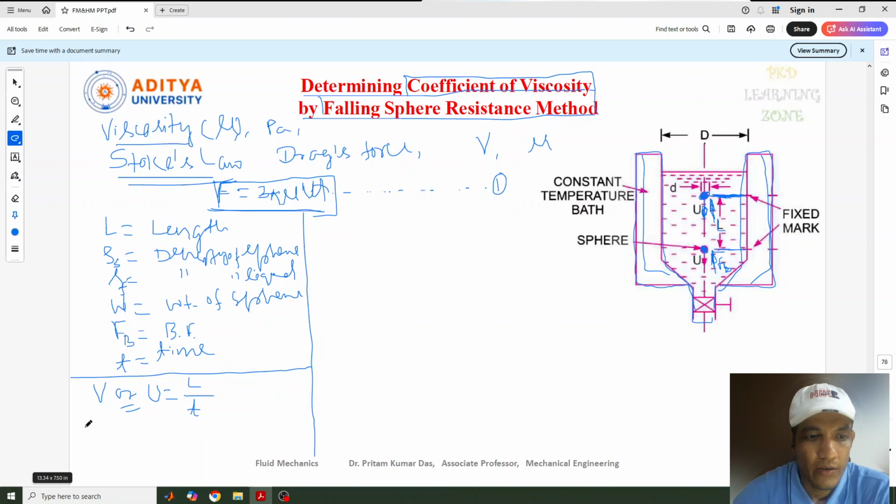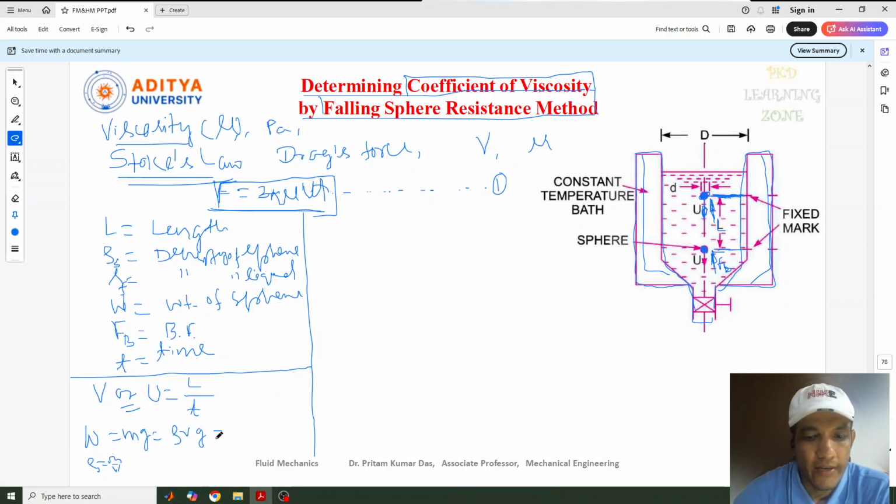The weight of the sphere is equal to W = mg, and m we can write in terms of rho and V. If rho equals mass by volume, then mass equals rho into volume. So I can write W = rho V g: density, volume and g.